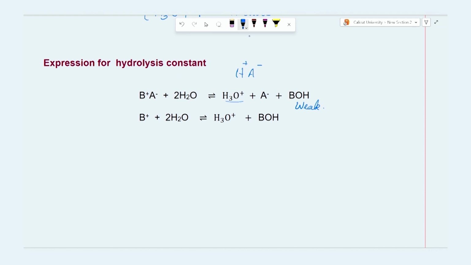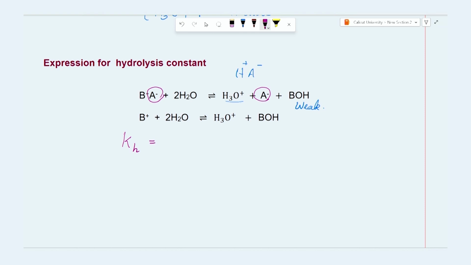Now, I am going to remove some of the common ions. See, here I am having A minus ions, and here also I am having A minus ions. So, I am going to exclude that, and the expression takes the form B plus 2 H2O gives H3O plus plus BOH. Now, we can write a constant KH.